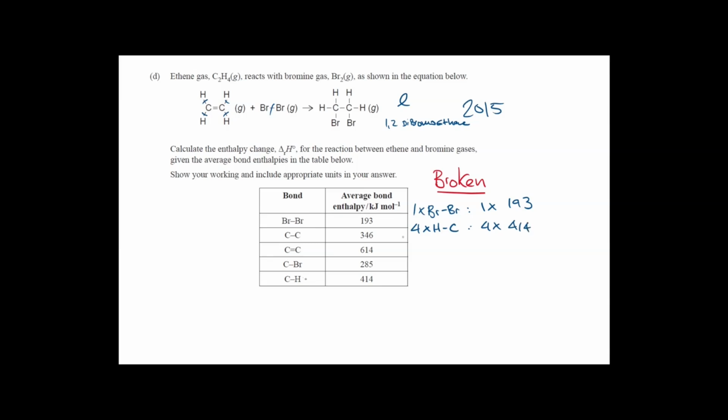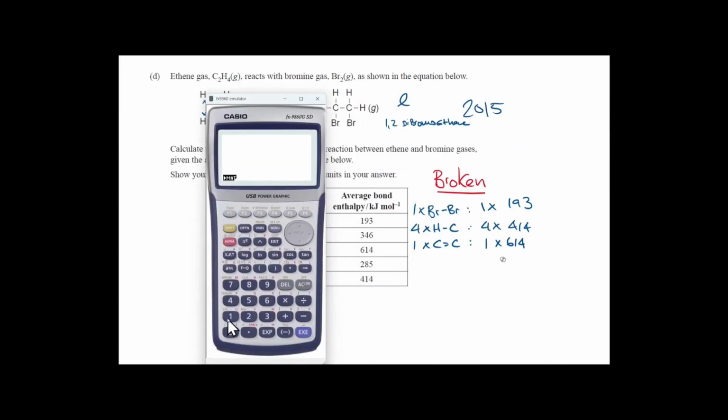Again, the order doesn't matter. That's that done, and the only other bond is this double bond here, carbon double bond with carbon. Again, that's not twice a carbon-carbon. It's a single double bond of carbon, and it's 1 times 614. And we grab our calculator.